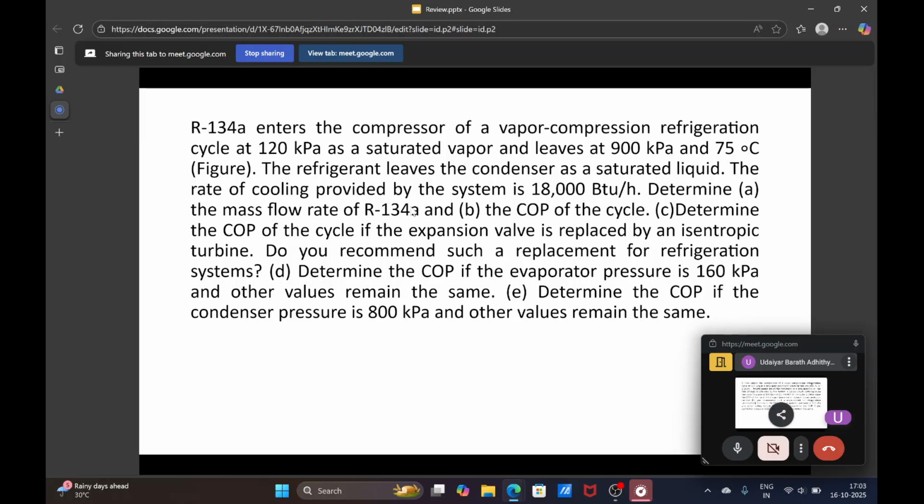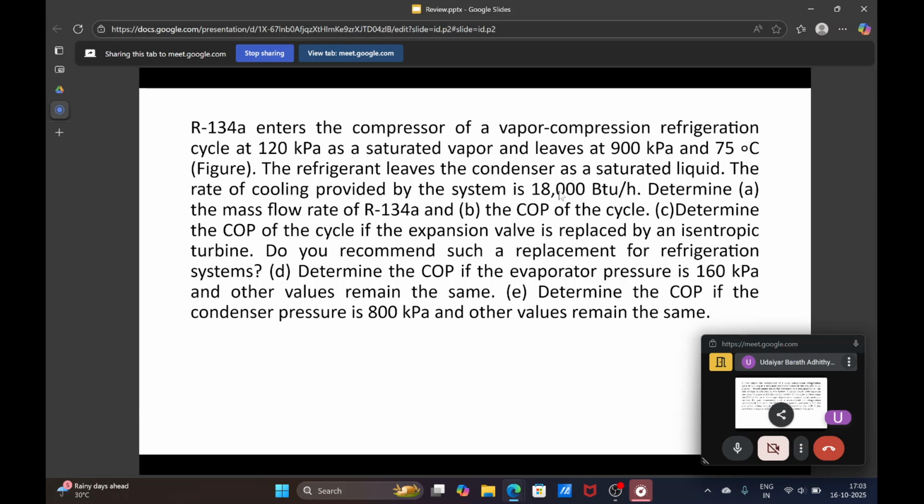In this, the two pressure levels are 120 kilopascal and 900 kilopascal, and we know the saturated vapor is the inlet to the compressor. The exit of your compressor is 900 kilopascal and 75 degrees Celsius, and it comes out of the condenser as a saturated liquid.